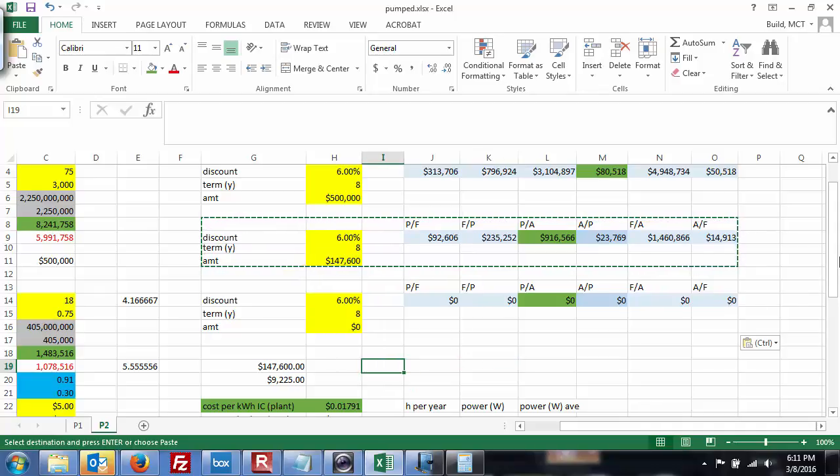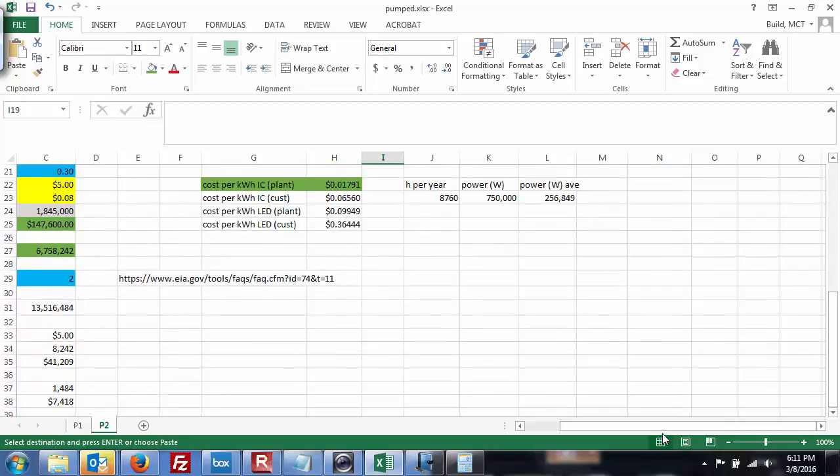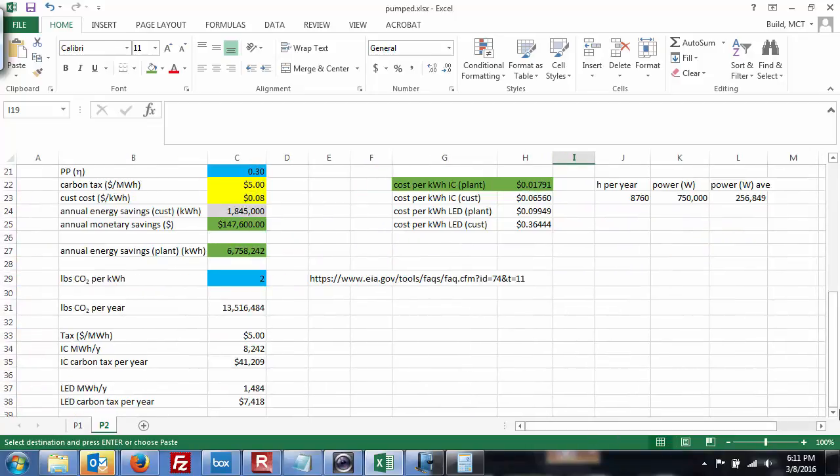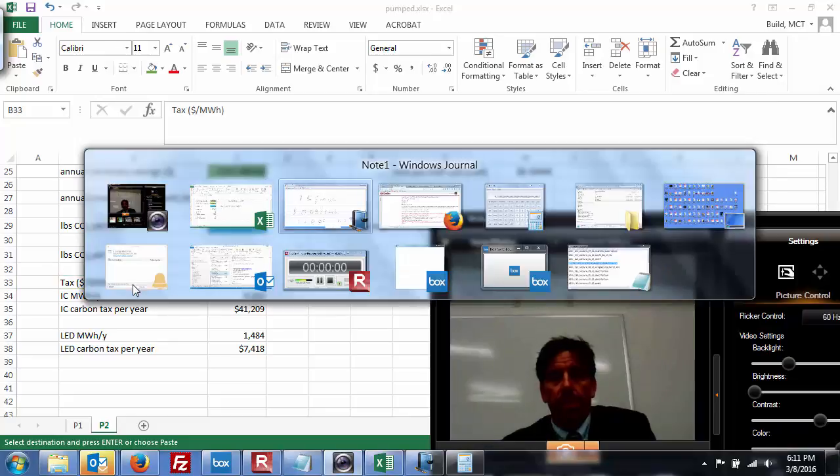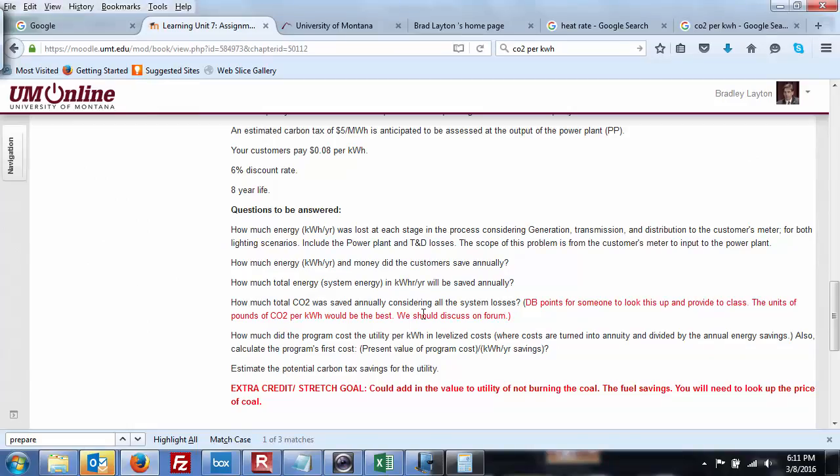Okay, so what are we looking at here? We're looking at a savings in carbon tax, and $5, well, wait, no, it's not dollars per megawatt hour, oh, it is. It's $5 per megawatt hour, okay.